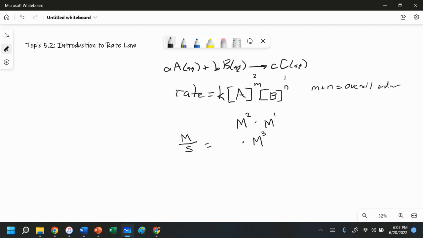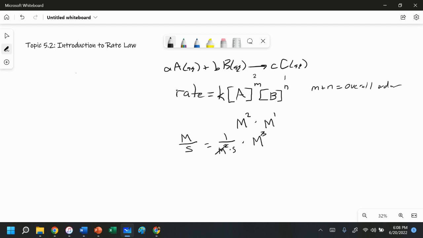If you think about it, we need 2 molarities in the denominator times seconds in the denominator. And if you'll notice, molar squared in the denominator times molar cubed in the numerator will leave us with 1 molarity in the numerator.